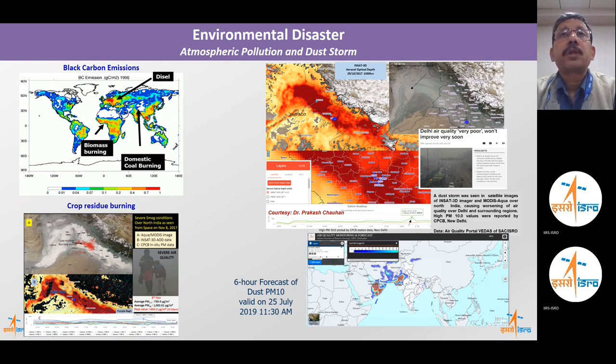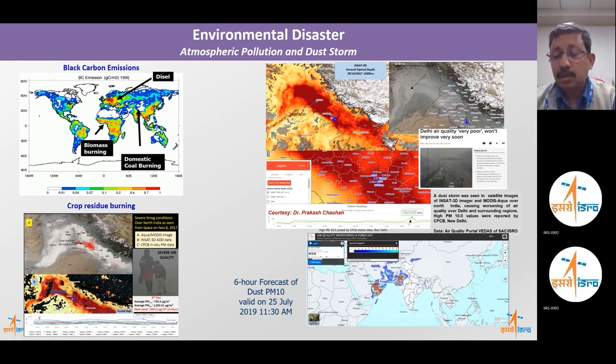And during this period, because of the thermal inversion, which restricts the dispersal of the pollutants, the entire area becomes very non-conducive for human habitation.